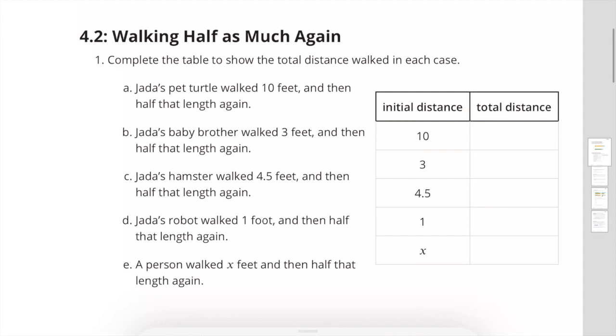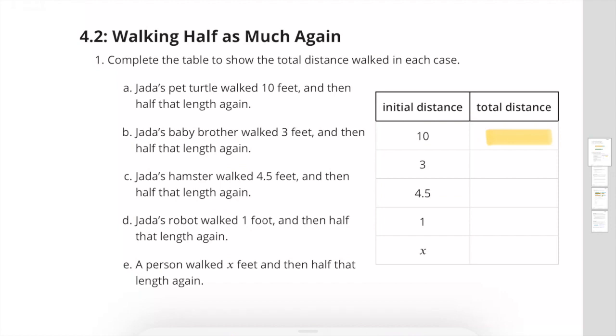Okay, walking half as much again. I want you to complete the table to show the total distance walked in each case. On A, it says Jada's pet turtle walked 10 feet and then half that length again. So what would be the total distance the pet turtle walked?